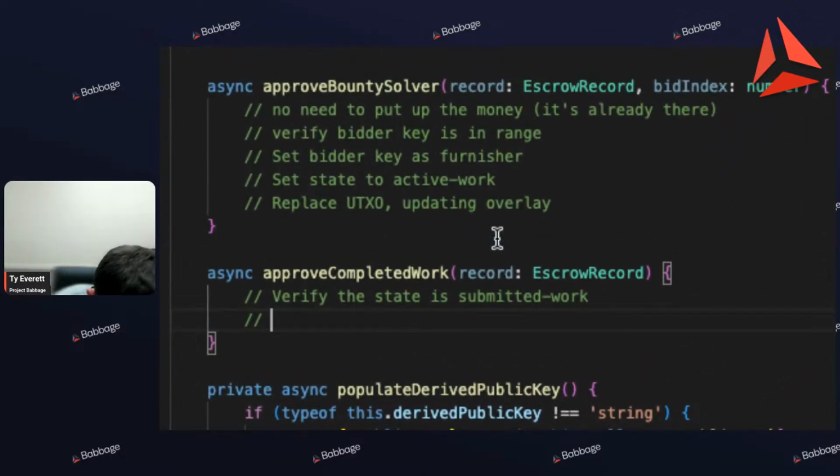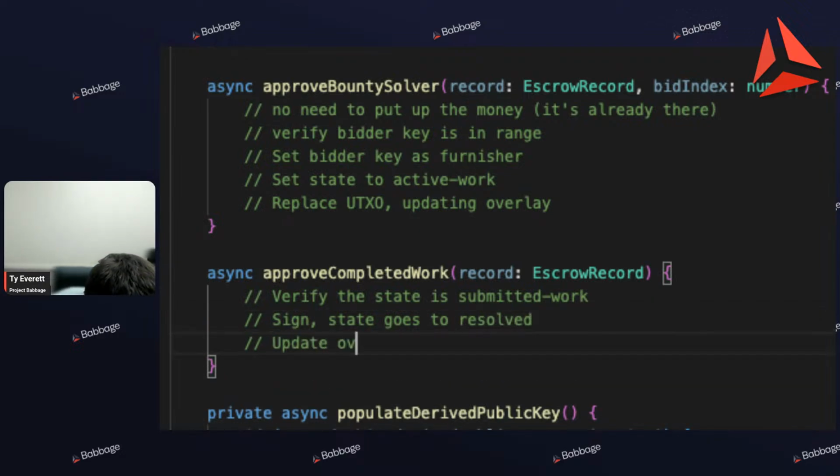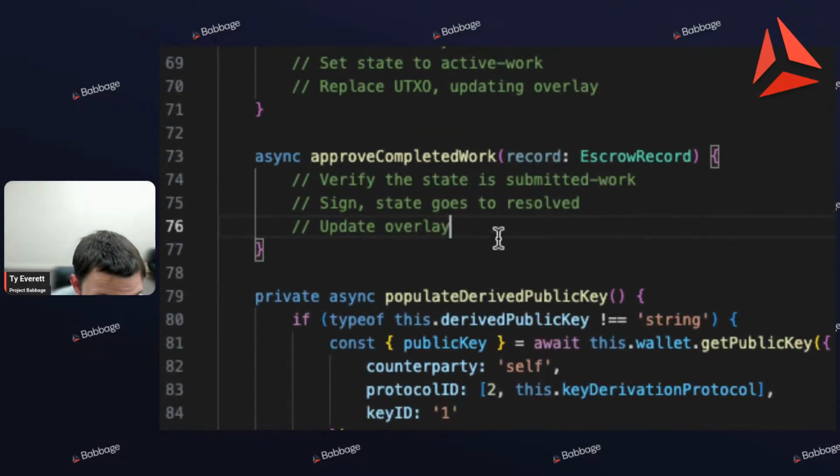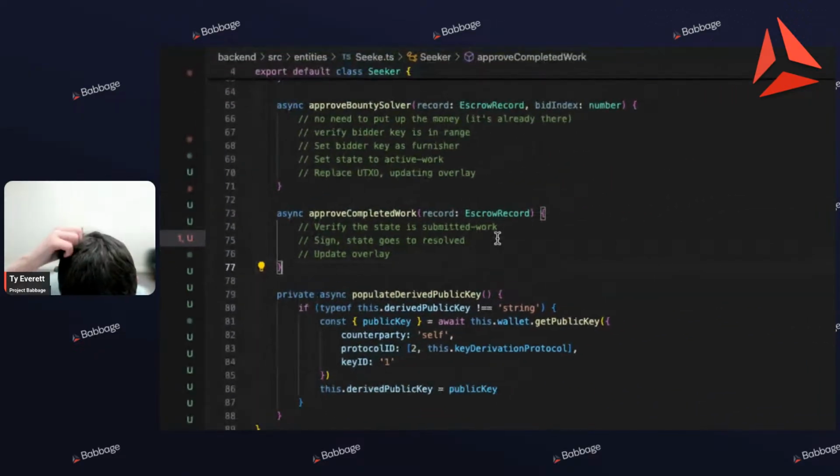Verify the state is there. State goes to resolved, and that way the person can just spend it and get the money. Okay.